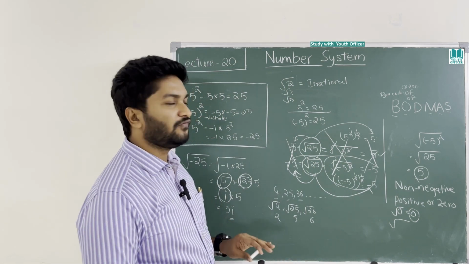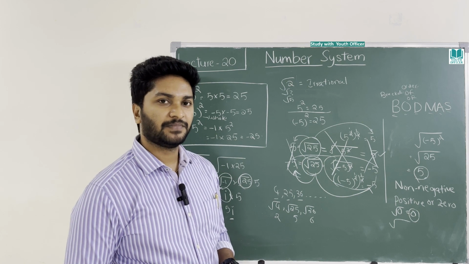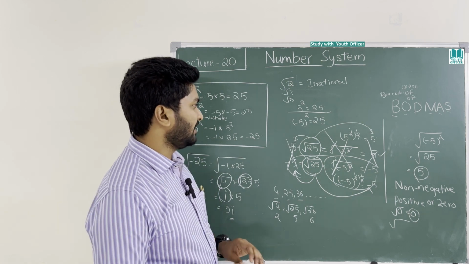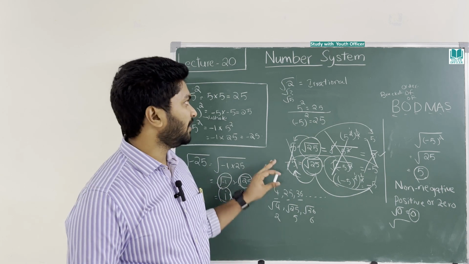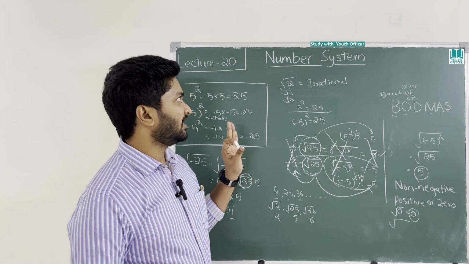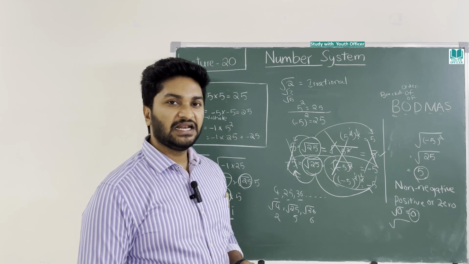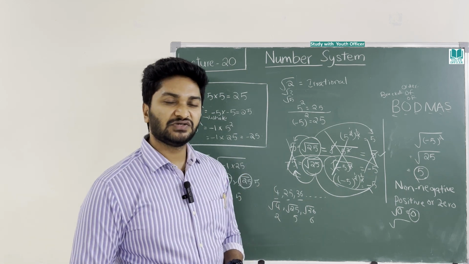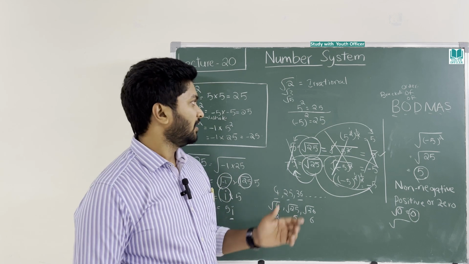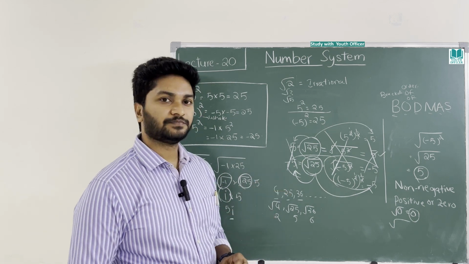I already used 2 formulas here, right? That means algebra needs to be taught along with the number system. I request any teachers, if they are watching this lecture, please teach your children algebra when you are teaching number system.